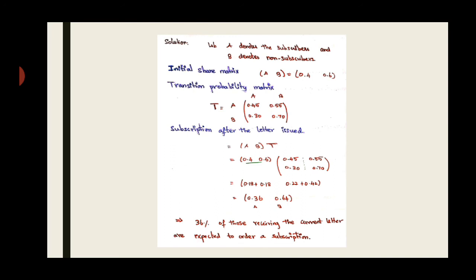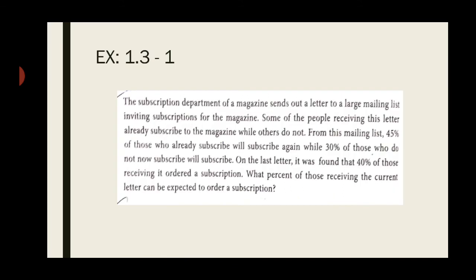Now take the AB matrix 0.4, 0.6, multiply with the second column in T matrix. So 0.4 into 0.55 is 0.22, plus 0.6 into 0.70 is 0.42. Now while adding, we get 0.36 and 0.64. So 0.36 is for A value and 0.64 is for B value.